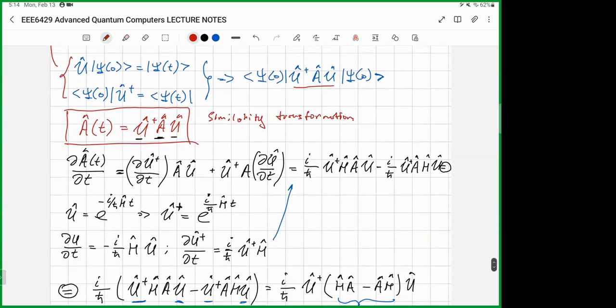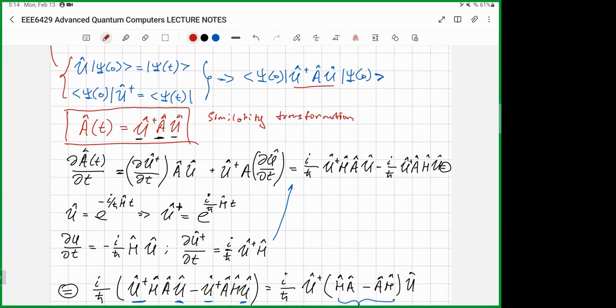So these operators in the Heisenberg picture do depend on time, and since this operator U is unitary, these two representations are completely the same. They give the same result.